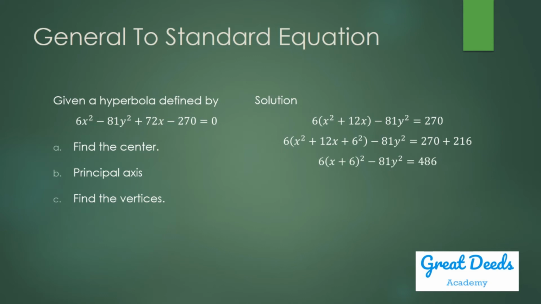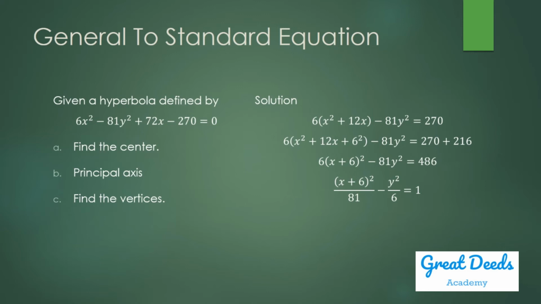We will divide this by 486. 6 over 486 will give you 1 over 81, since 6 is a common factor. And 81 divided by 486 will give you 1 over 6, since 81 is a common factor. And so our equation now is in standard form.